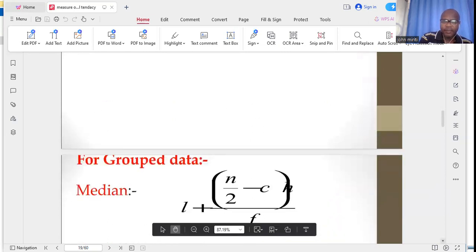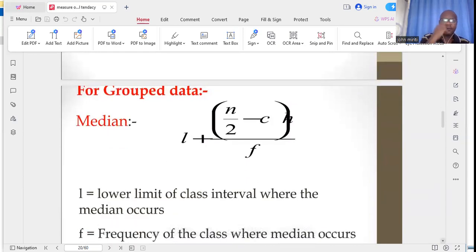So let us look at the calculation of the median in grouped data. For the median in grouped data, you have the formula where L stands for the lower limit of the class interval where the median occurs.